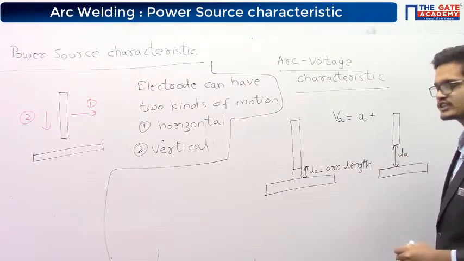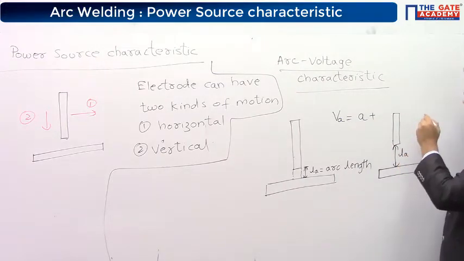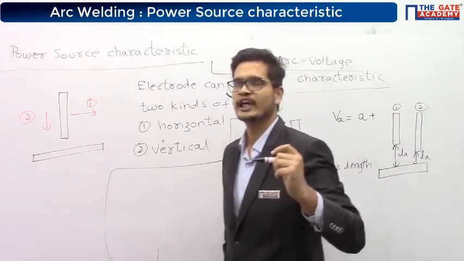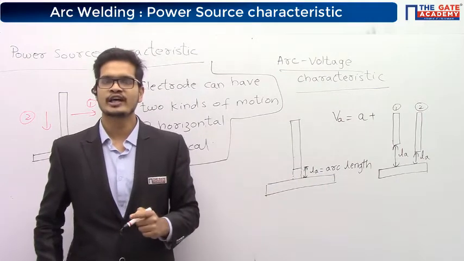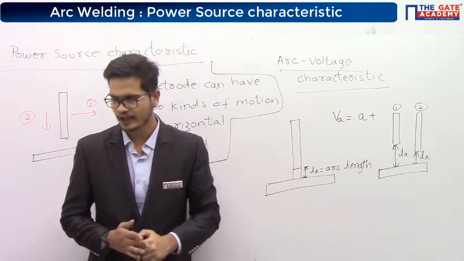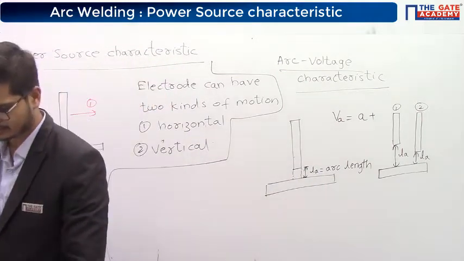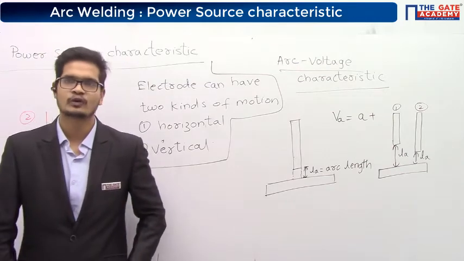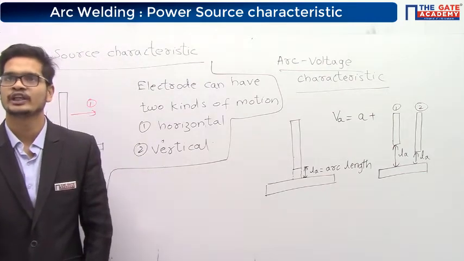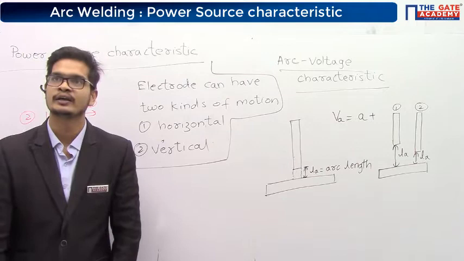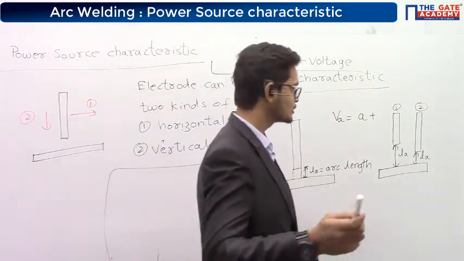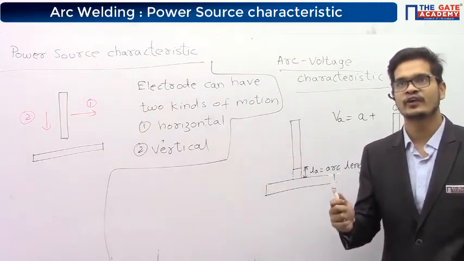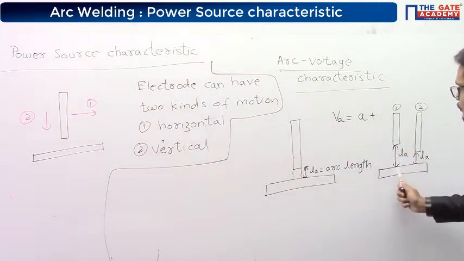In another case, I am reducing the arc length. Out of case 1 and 2, which one will require higher voltage? Vishwas is saying 1. Abhimanyu is also saying 1. Very good, guys. The first case will require more voltage.